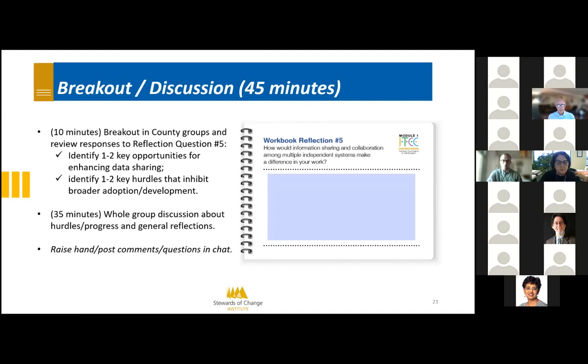We're going to break you into your county groups for maybe 10 minutes, just to reflect on the conversation we've had so far. What is one opportunity? What's one hurdle that comes to mind now? Very present-centered about this work that you, ideally as a county group, are really grappling with.